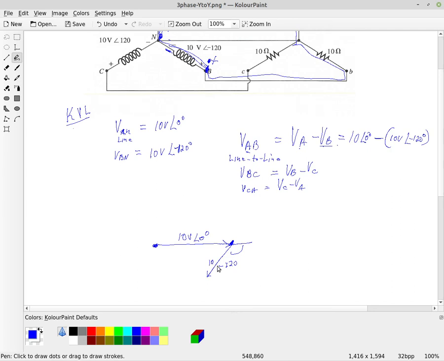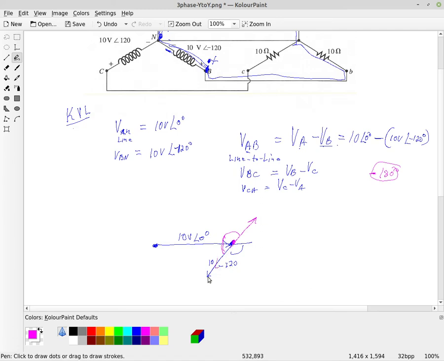So it's 10 at an angle of minus 120 degrees, but we're subtracting it. So if we're subtracting it, then you're going to flip it 180 degrees, so it's actually going up this way. When you add the negative sign, a negative is a 180 degree phase shift. The voltage is 10 angle minus 120.